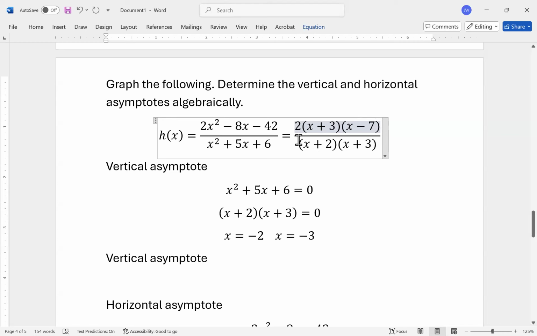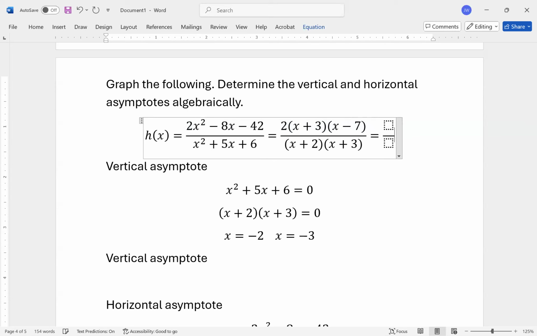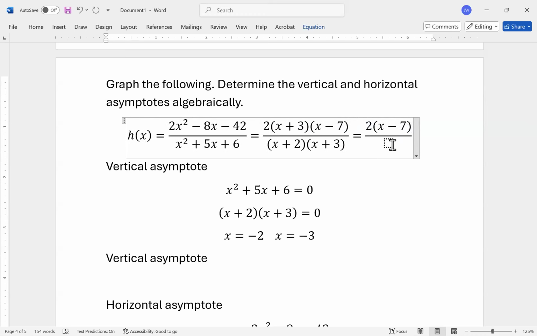This is nearly algebraically equivalent to the following rational function where we have 2 times x minus 7 divided by x plus 2. While x equals negative 3 is a 0 in the denominator, it's also a 0 in the numerator, so it is not going to yield a vertical asymptote. So this one still has 1.